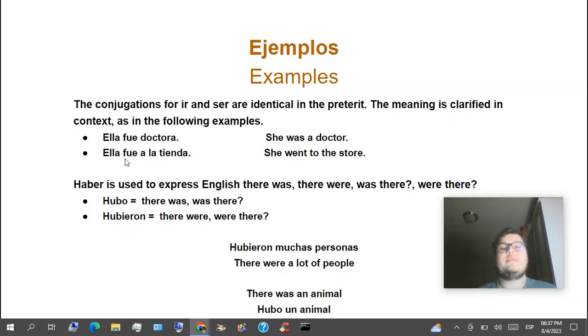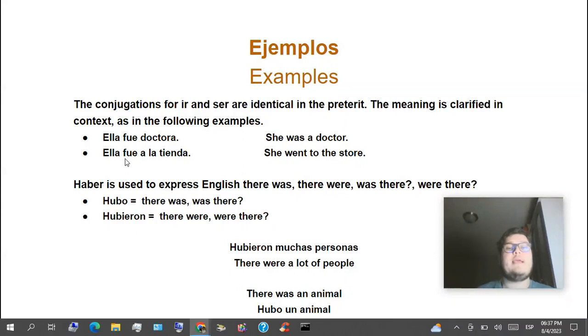So most of the time, we're going to talk about your position or when you move. And because of that, in context, you will know when we are talking about fue related to the verb ser or fue related to the verb to go, the verb ir.